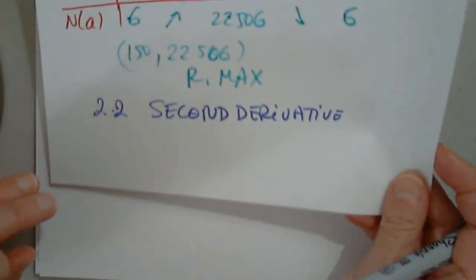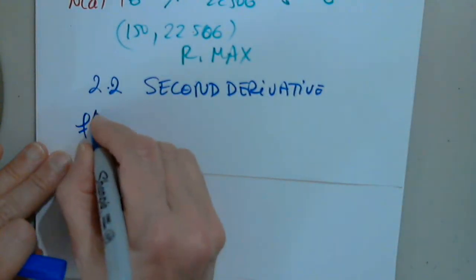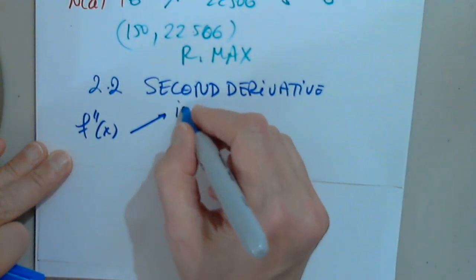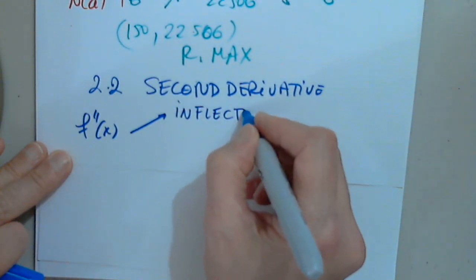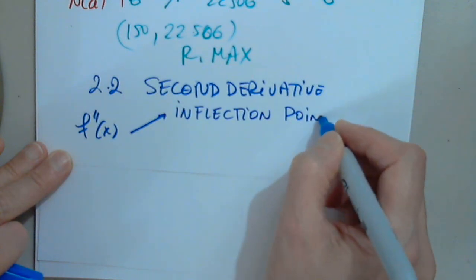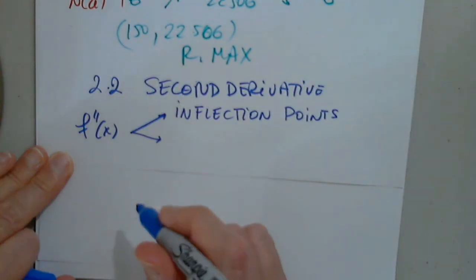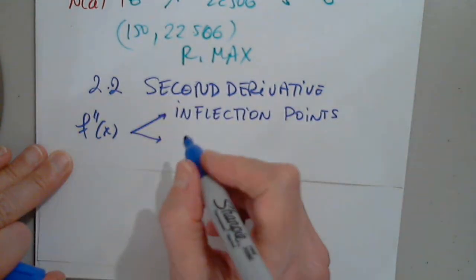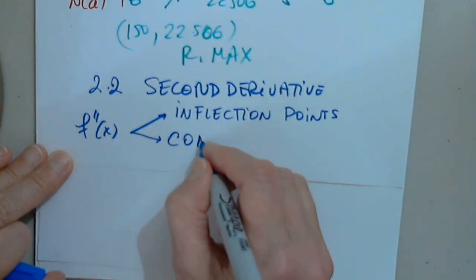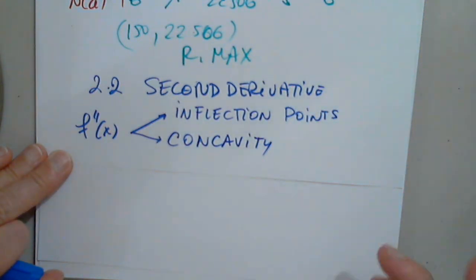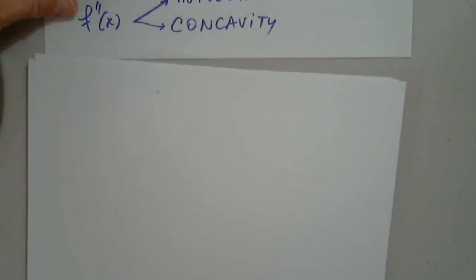The second derivative will give, number one, something called inflection points. The second item that the second derivative gives is concavity. So let's discuss and see what they mean, and then we'll choose problems.